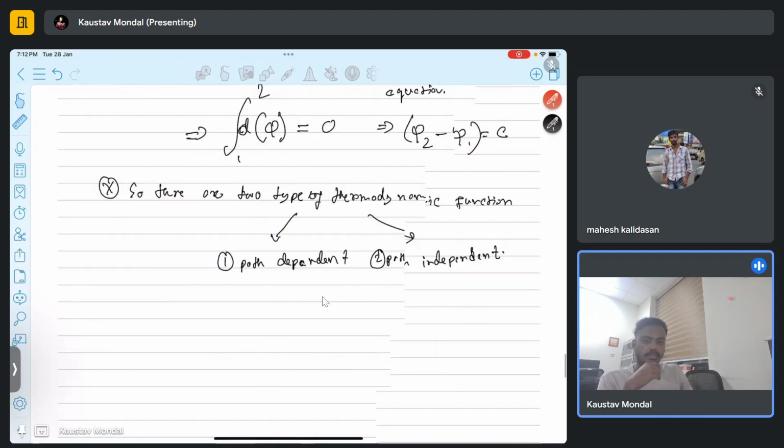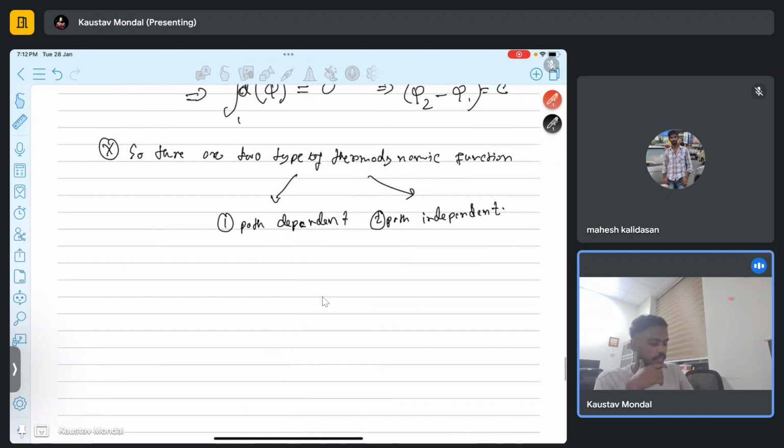So for a path dependent function, let's suppose we go from state A to state B. It matters which path you are using to reach from state A to B. Let's suppose one takes this path, one takes this path, one takes this path.